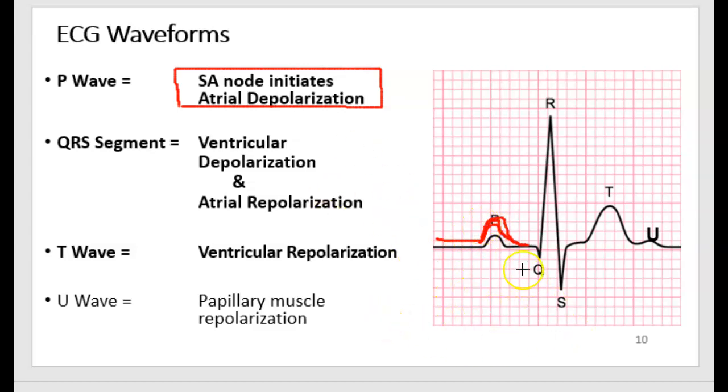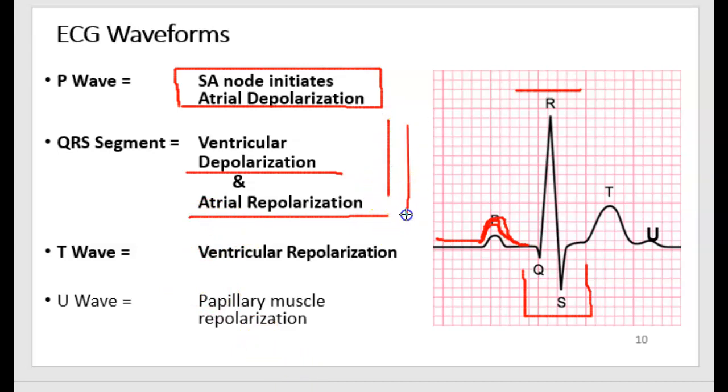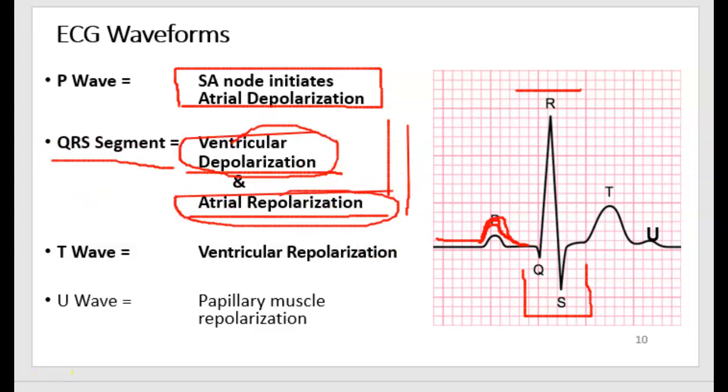The QRS segment is a higher peak. There are more cells involved and therefore more currents, and it correlates to when the ventricles are depolarizing, but at the same time the atria are repolarizing. So you have a lot of outward current movement and inward current movements in terms of cell position. But nonetheless, the QRS segment is when the ventricles depolarize and the atria repolarize.